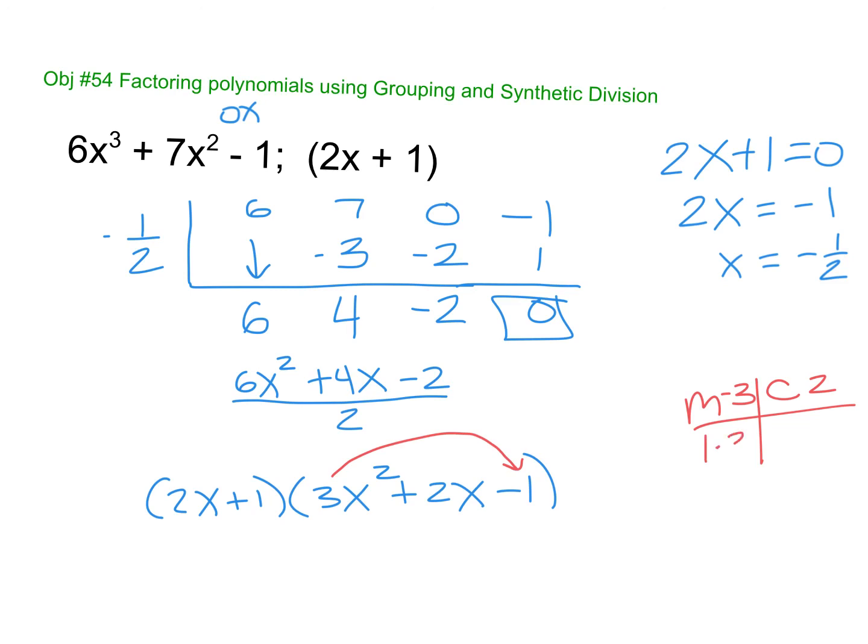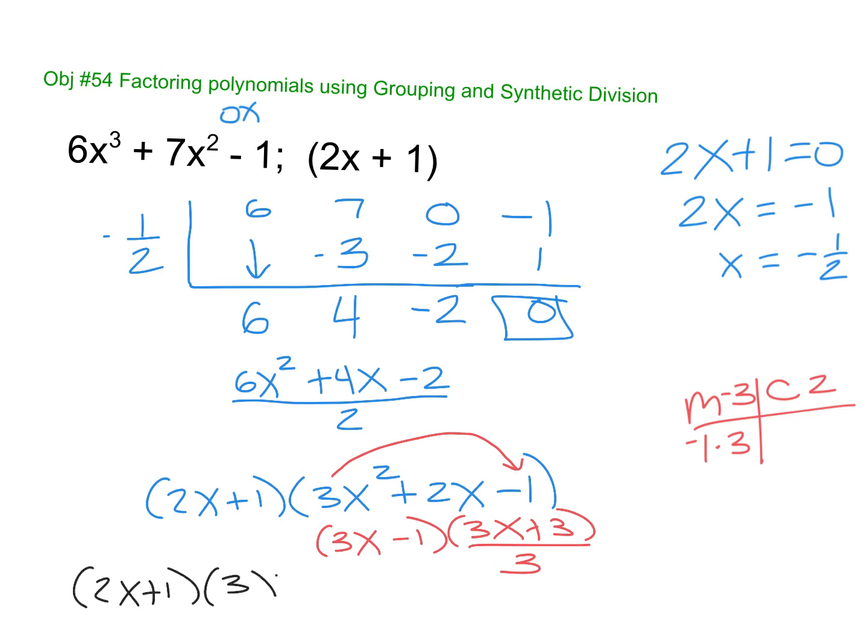So 1 and 3, with the 1 being negative. So we get 3x minus 1, 3x plus 3, and then we divide. Which one of those has a GCF? 3x plus 3 can divide by 3. So our final answer, running out of space, we have our 2x plus 1, 3x minus 1, and then x plus 1.